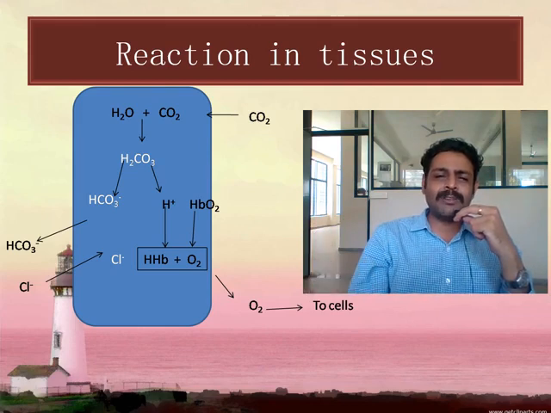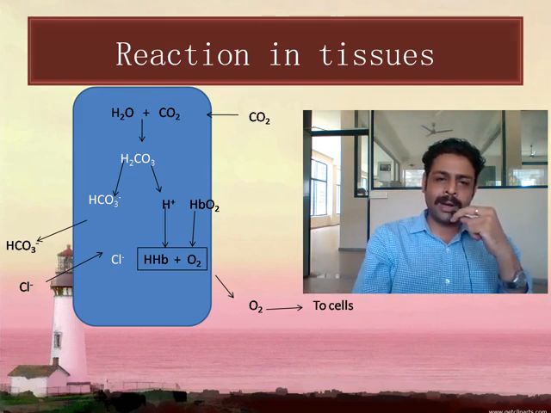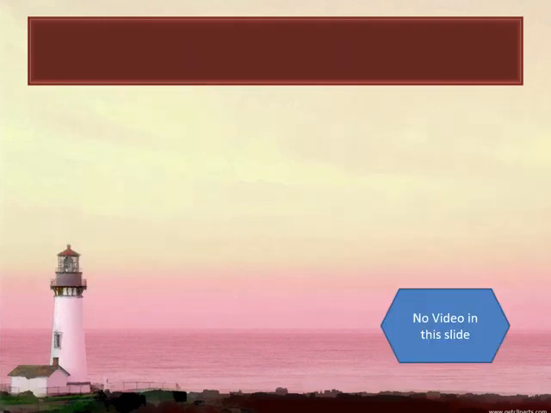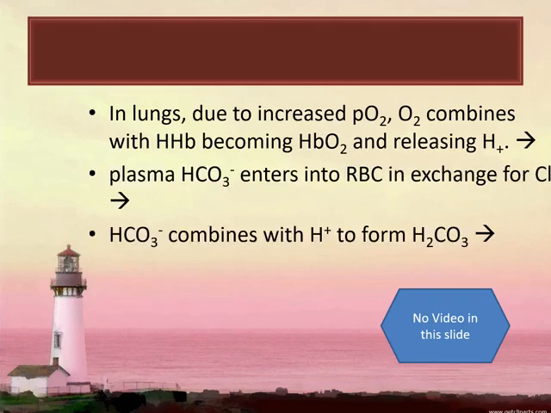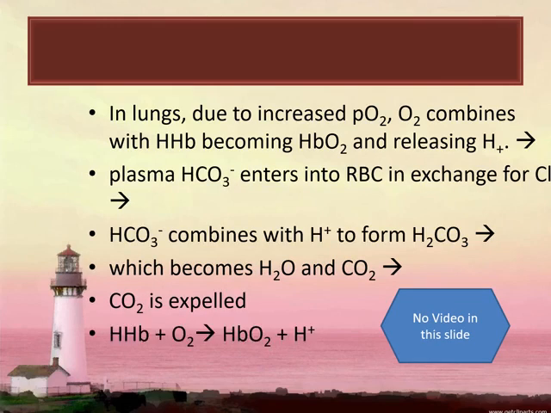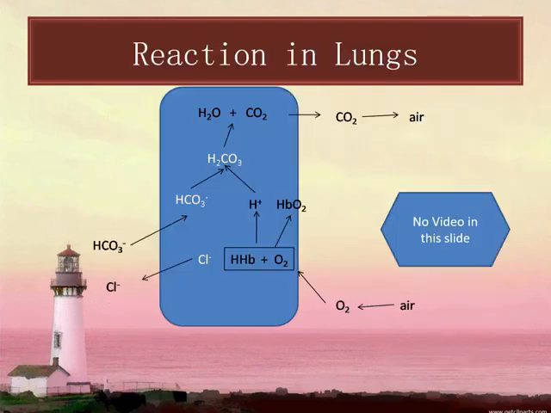Almost 80 to 90% of carbon dioxide is transported by this method, isohydric transport. This is how carbon dioxide is released: HCO3- enters inside, becomes H2CO3, becomes H2O plus CO2, and it enters the lungs and the air.